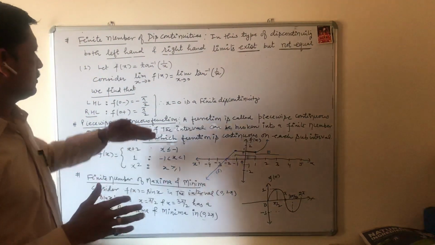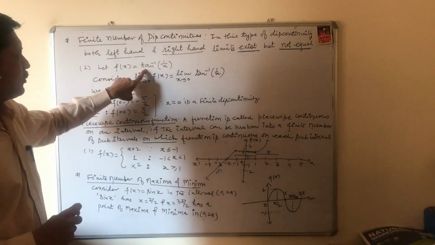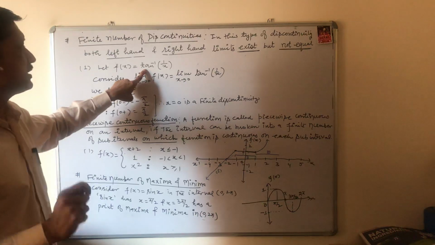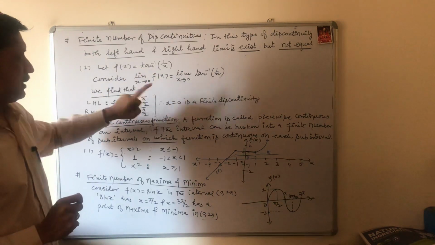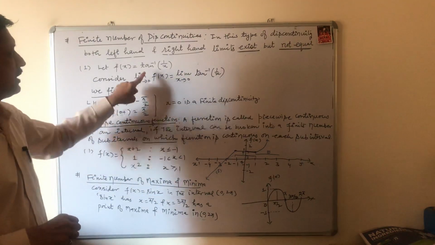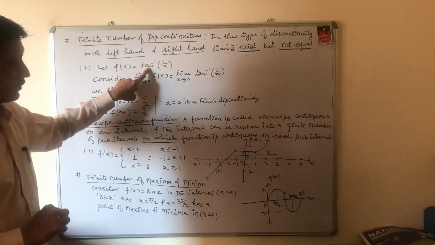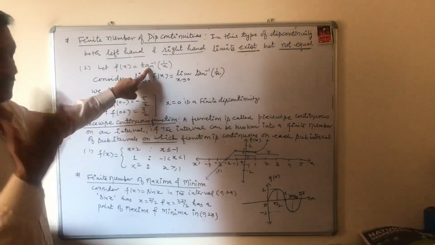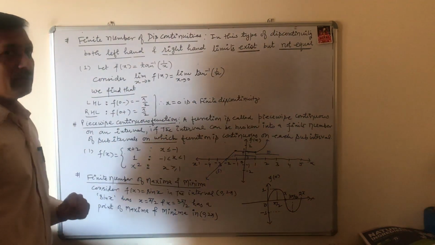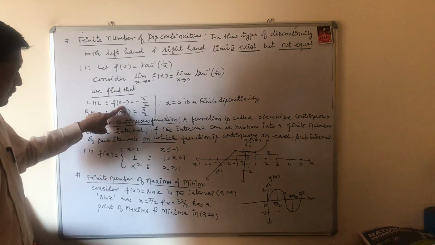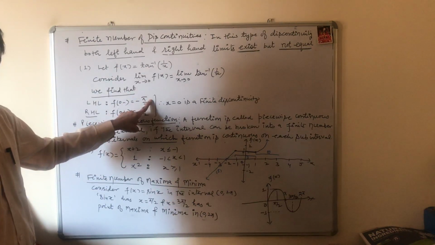Now consider an example, please: tan inverse of 1 upon x. If you are interested in its limits, its continuity at x equal to 0, we follow the usual procedure we have already discussed in class 12. First of all, we calculate its left hand limit. At x equal to 0, the left hand limit of this function is minus pi by 2.